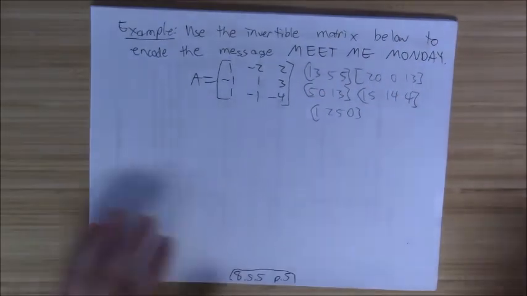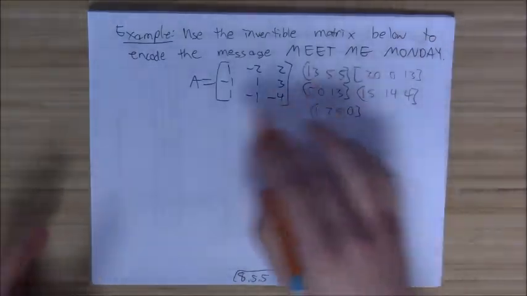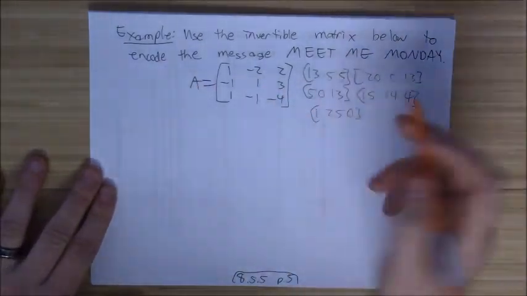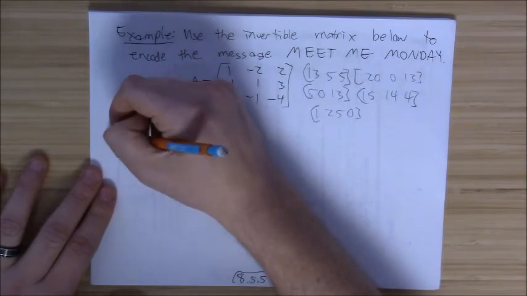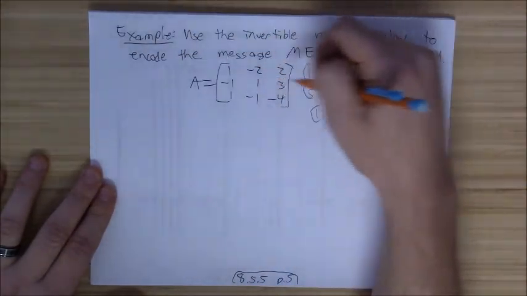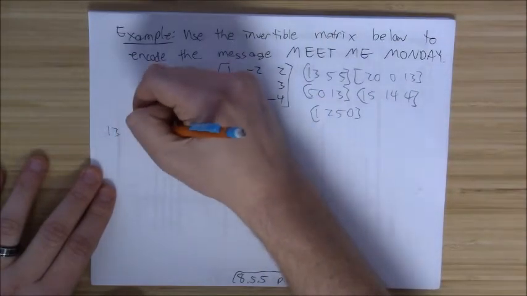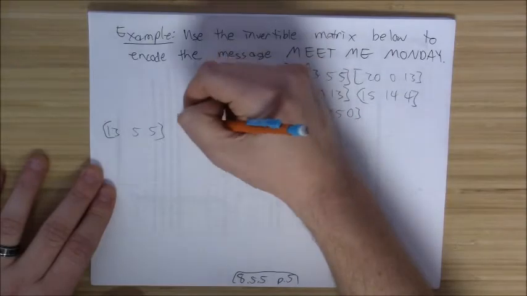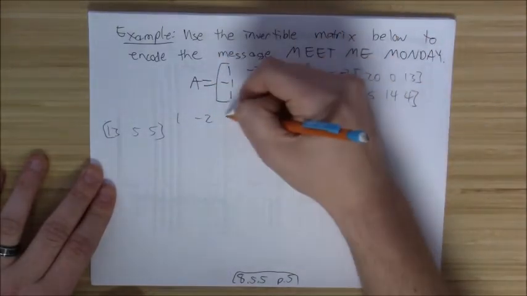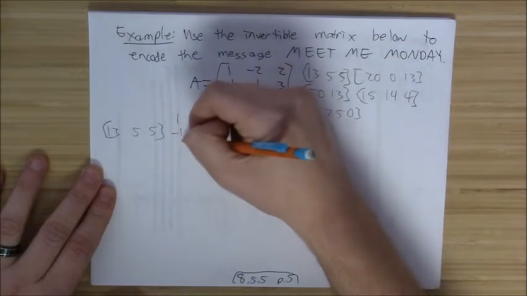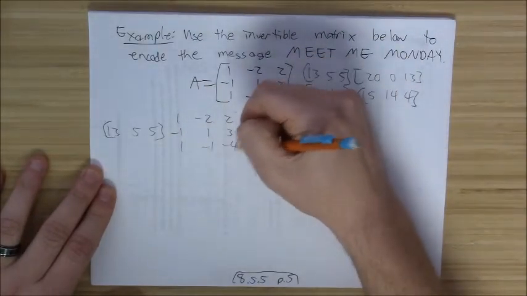If we want to encode that, we have to do all of those matrix multiplications. We would multiply by A on the right. So we'd have 13, 5, 5 times A, which is 1, negative 2, 2, negative 1, 1, 3, 1, negative 1, negative 4.